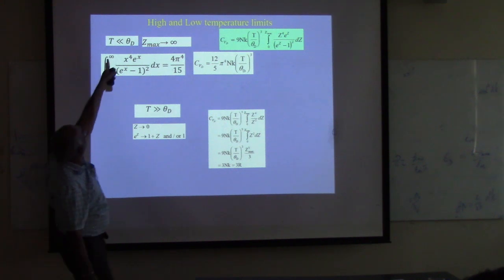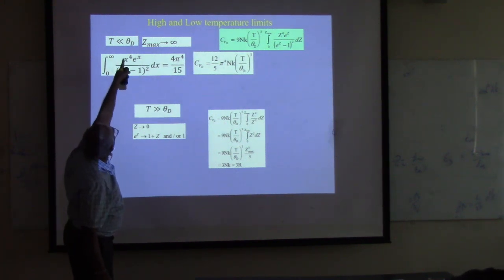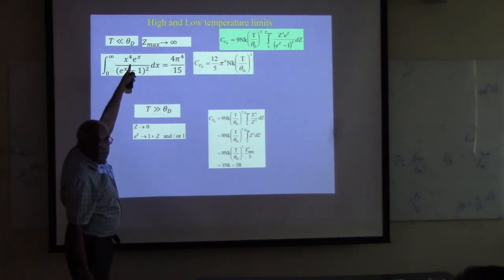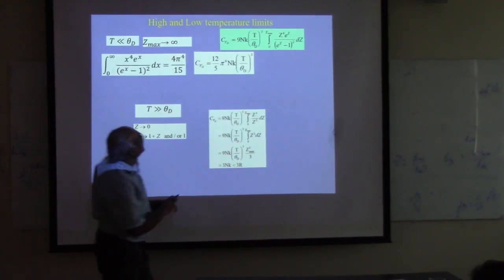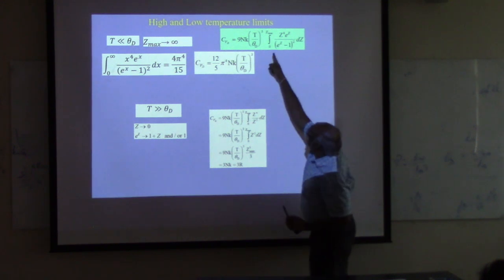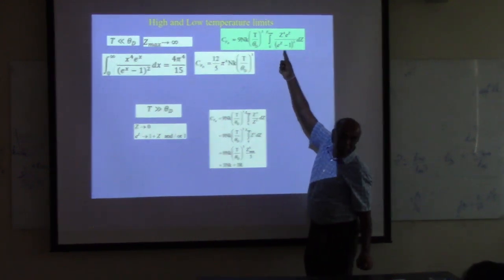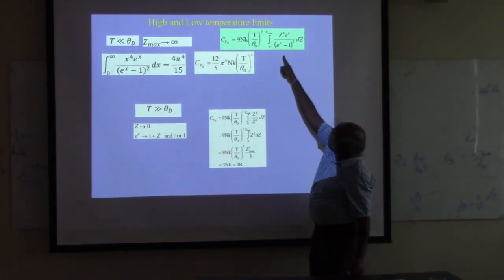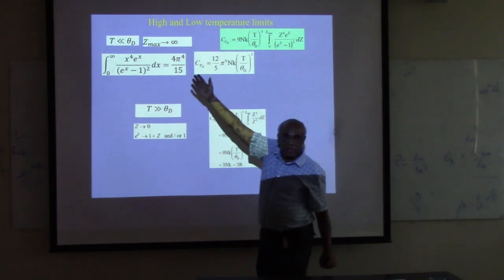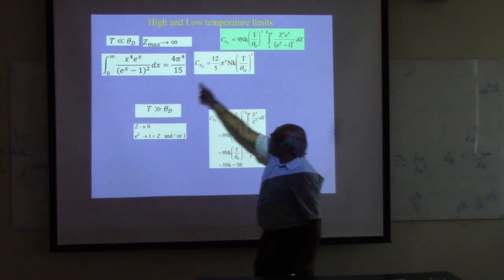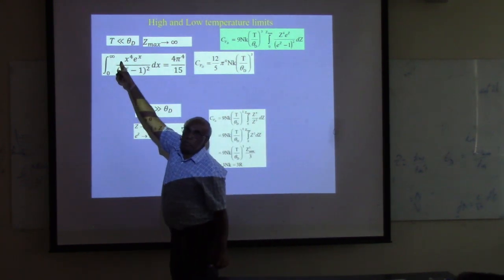But for low temperature, now let's see. Low temperature means my T is much lower than theta D, right? So then the only difference is, this is a difficult integral if your limits are finite. So in that case I can make my x maximum infinite because x is very large, right? So if you replace that, this is the integral from 0 to infinity.